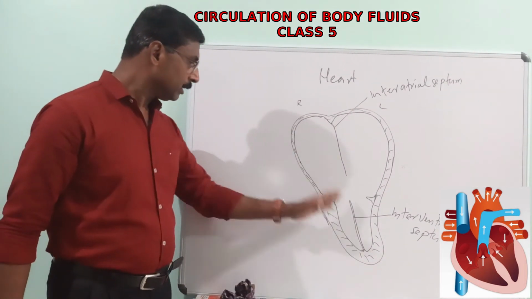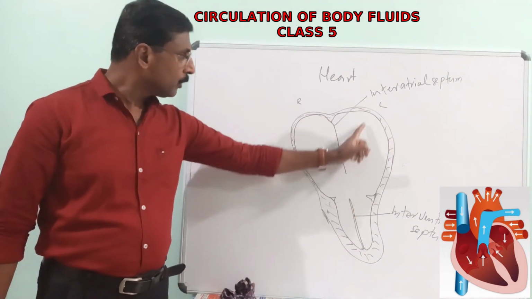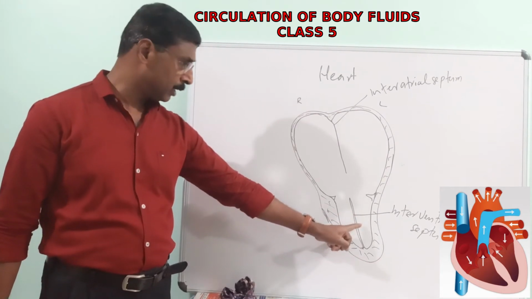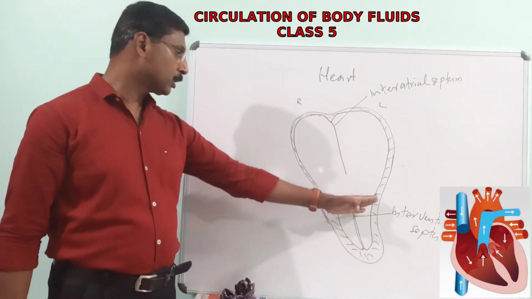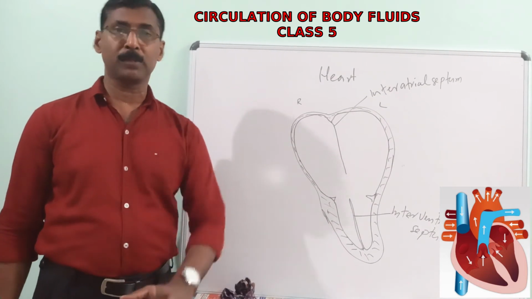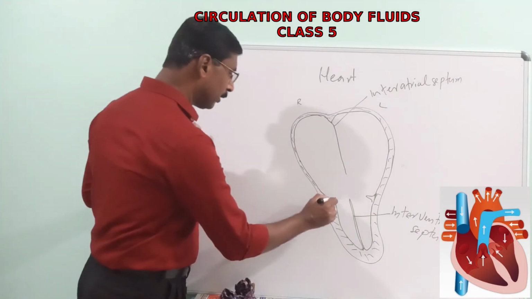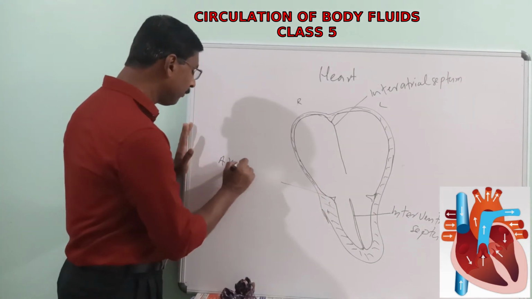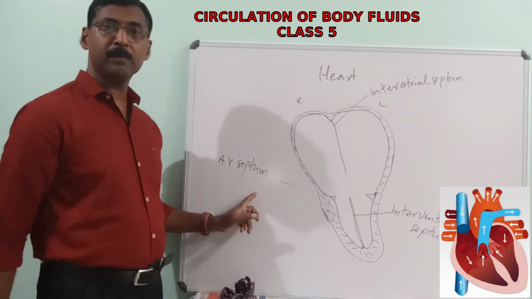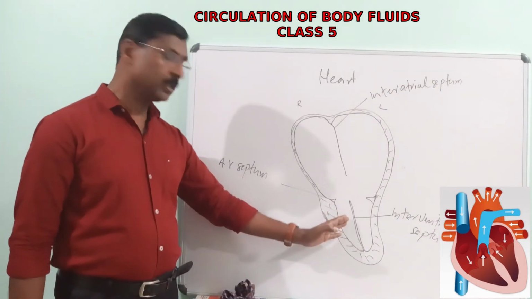So the right atrium is separated from the right ventricle by means of a septum, and here also the left atrium is sealed from the left ventricle by means of a septum. This septum is called the atrioventricular septum, or AV septum, separating the atrium from the ventricle.